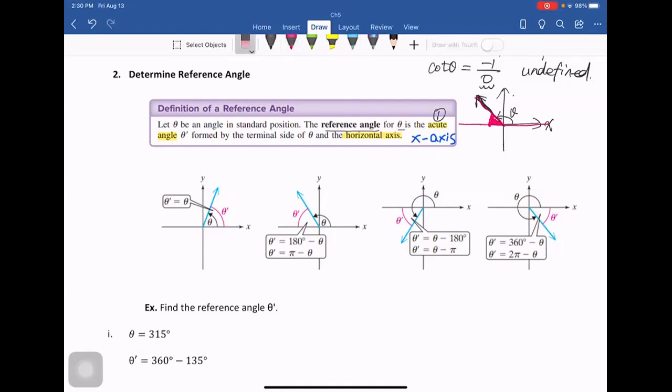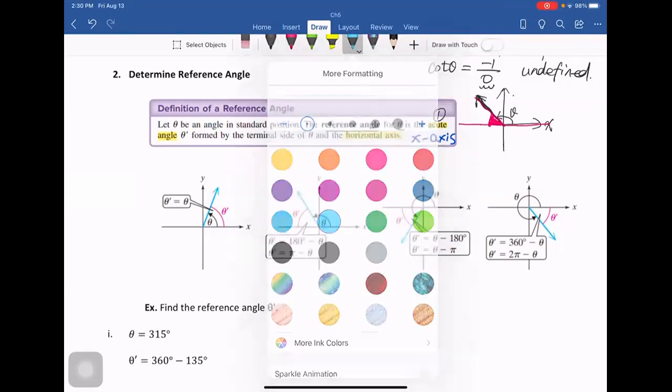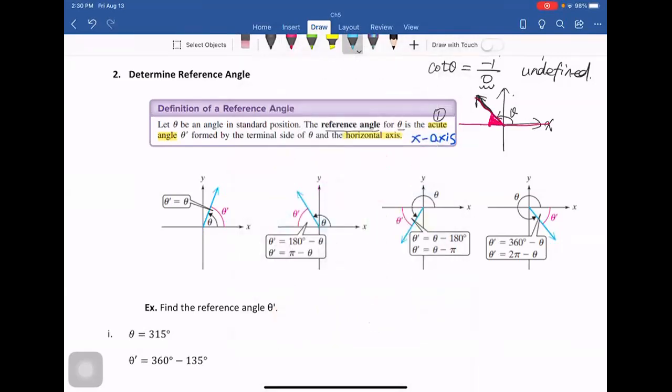How about if I have another angle, the terminal side is here. So the terminal side and x-axis, the angle formed by this and this, the acute angle must be here. How about I have an angle with terminal side here.